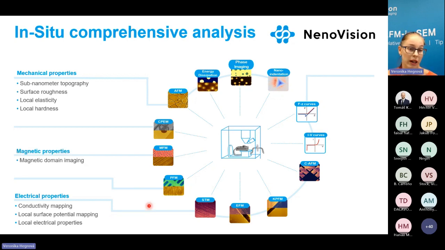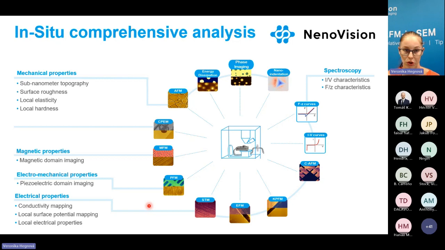We can measure magnetic domain imaging, piezoelectric domains, or we can measure all of these techniques in a spectroscopy mode. So either biasing can be visible, force distance spectroscopy, or time spectroscopy. And all of these techniques we also can correlate together and explore the differences and maybe understand the fundamental properties of our surface.